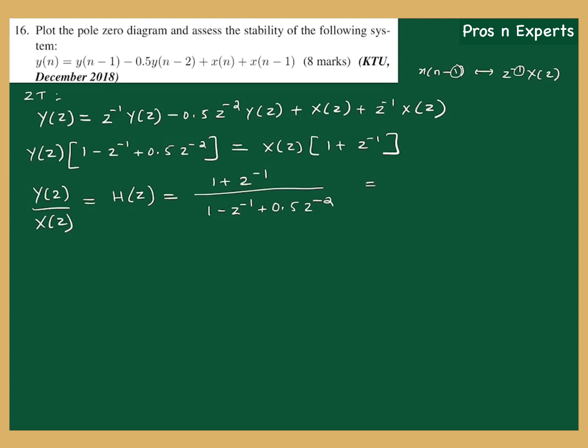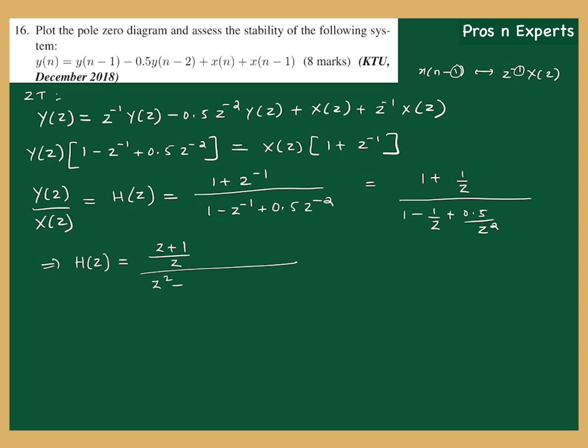So for that I am taking z inverse as 1 by z, divided by 1 minus 1 by z plus 0.5 by z squared. Now taking the LCM, we can write H(z) is equal to z plus 1 by z, that is the LCM of the numerator, divided by z squared minus z plus 0.5 whole divided by z squared, that's the LCM of the denominator.